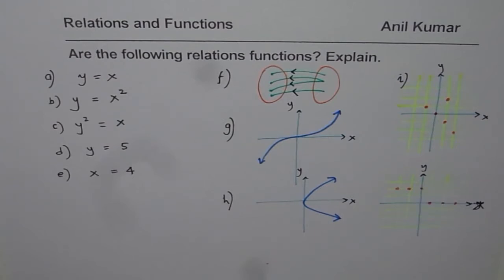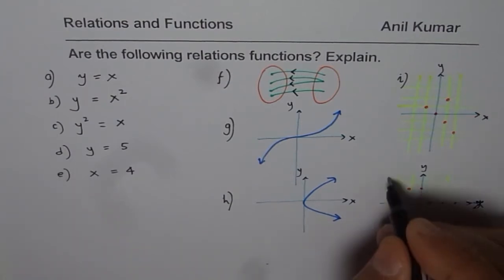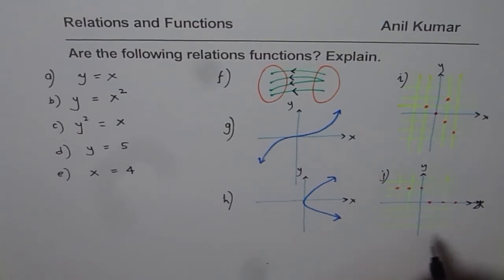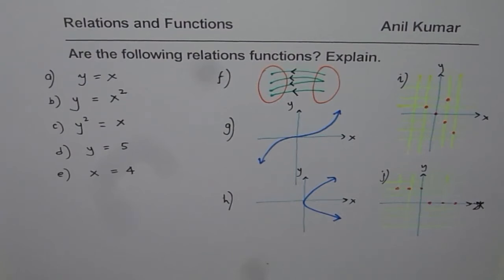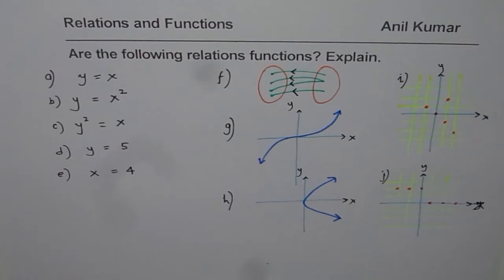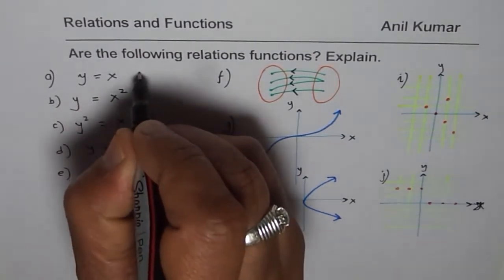Now let's begin from the very first. This is J for us. Okay, I'll add one more diagram here. Okay, I'll put that as a thinking question. Fine. Now this one, y equals x is a straight line, so I will write F for function, right? So I know all of you must have got it right.